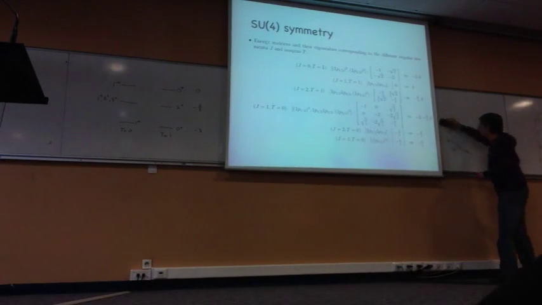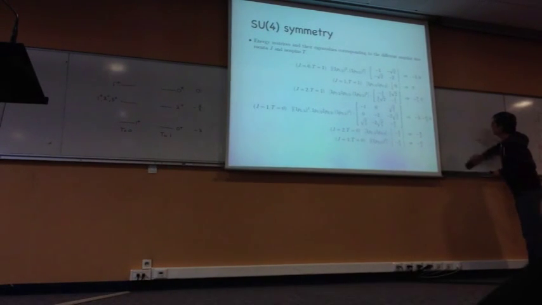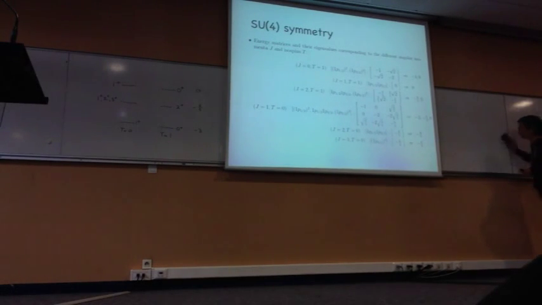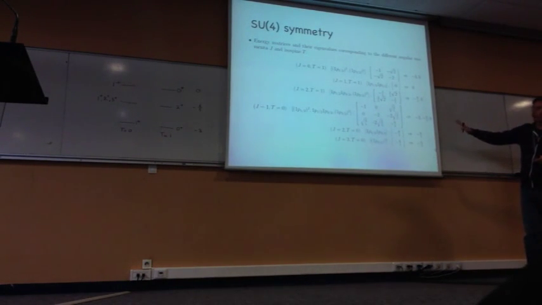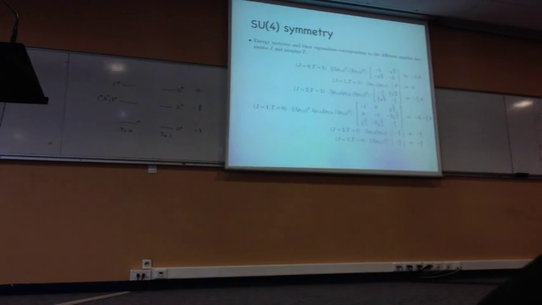Now, the last thing I want to say, and there was not enough time to do this, but let me sketch what the relation with data is. This is just one neutron and one proton, two nucleons in the P shell.